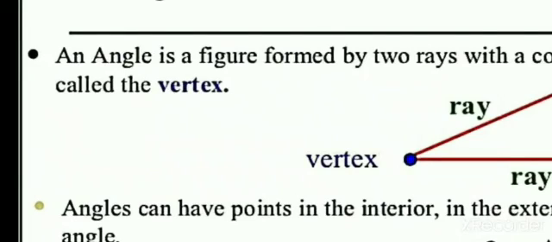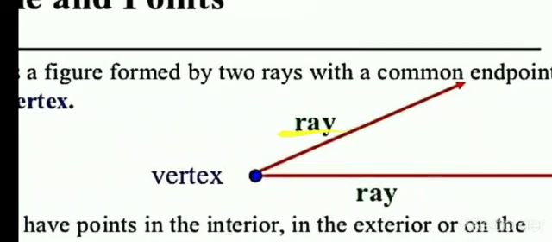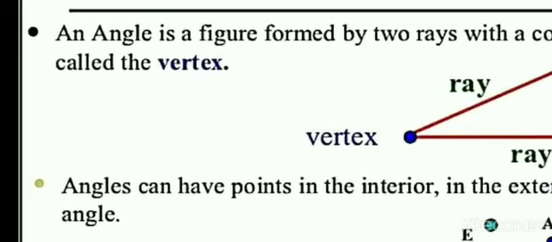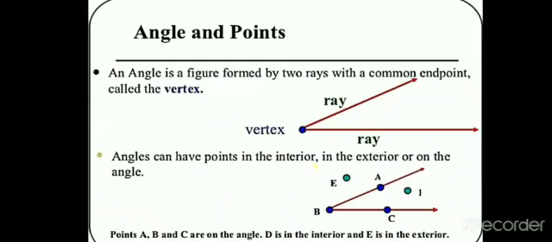An angle is a figure formed by two rays with a common endpoint called the vertex. See, here you can see a picture. There are two rays, and they are meeting at a single point.